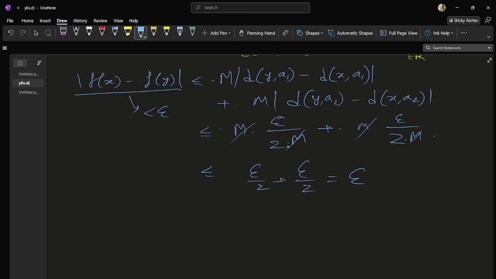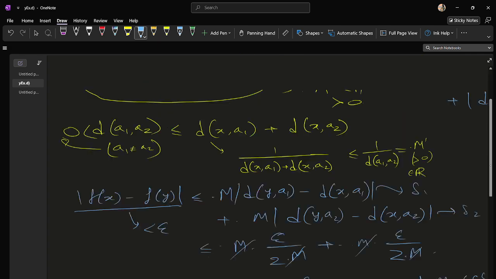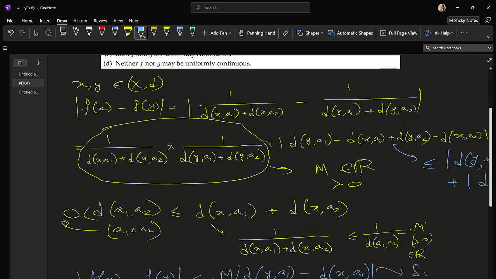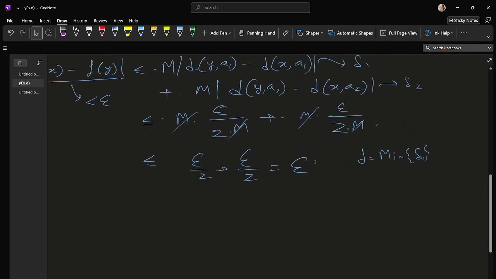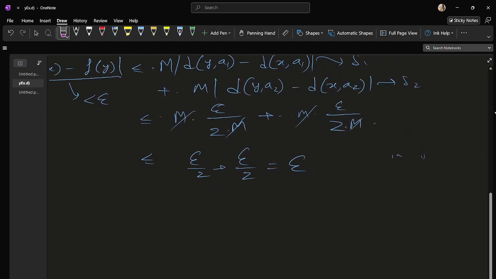Again, let us take this delta 1 and this delta 2. If we take delta as the minimum of delta 1 and delta 2, let us name it a, and then let us name epsilon by 2 as u here.